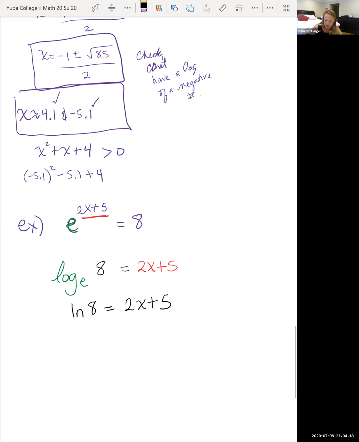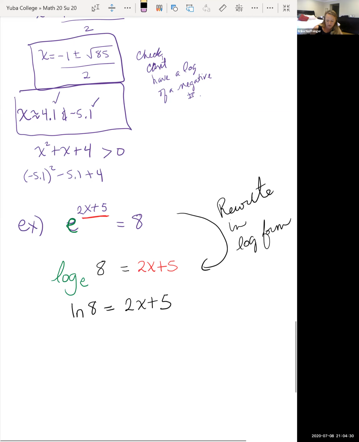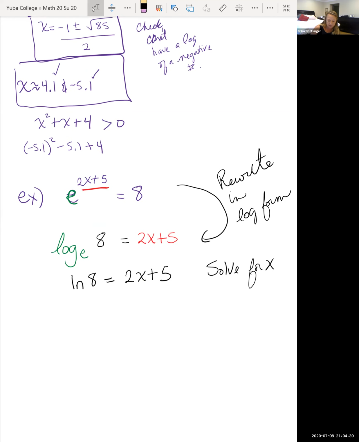Well, we're trying to solve for x. So we're going to rewrite in log form. And now solve for x. So we could subtract 5 on both sides, so we get the natural log of 8. Be careful because that 5 is not with that 8.